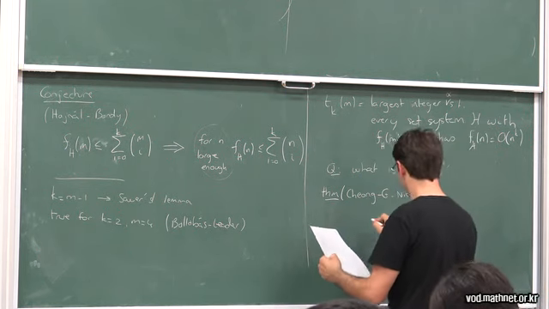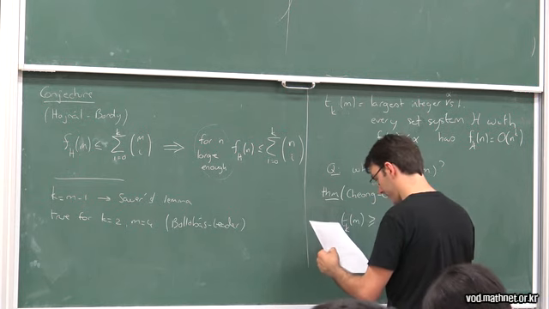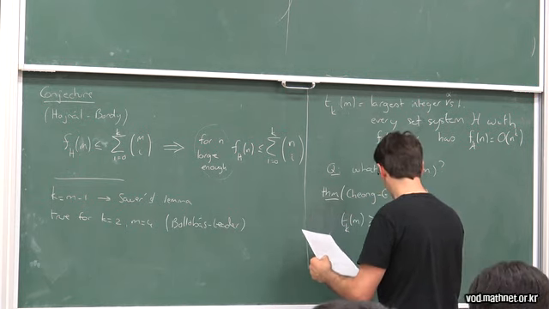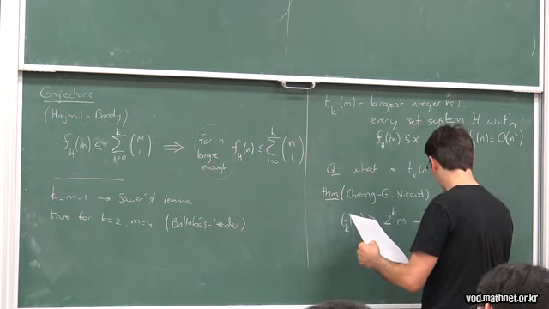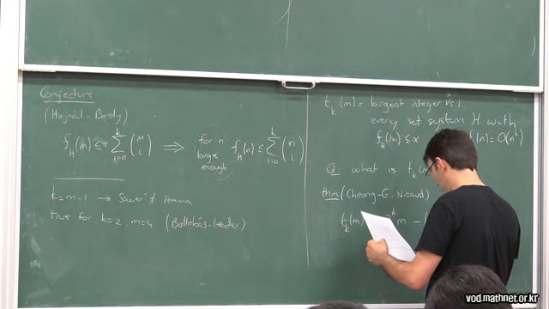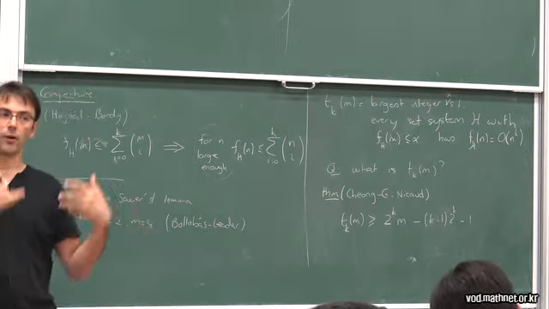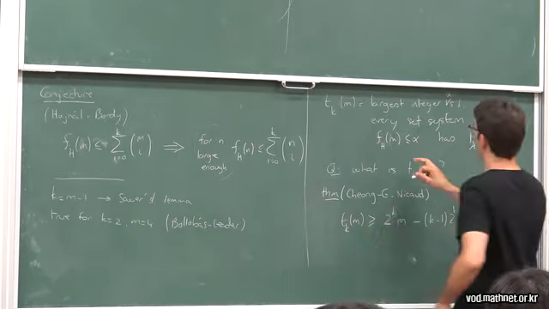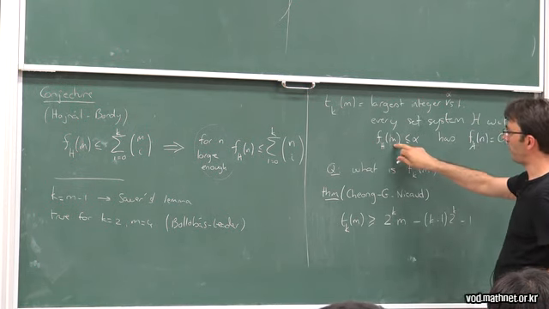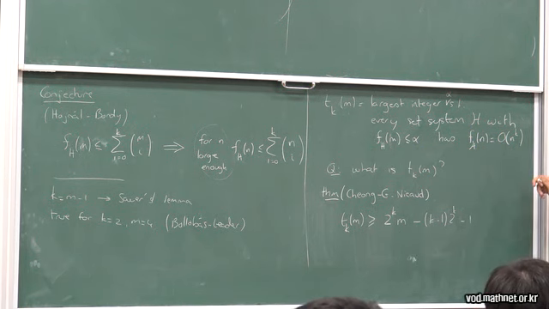Don't laugh. t_k of m is at least 2 to the k times m minus k minus 1, 2 to the k minus 1. Okay. So this is a lower bound. What it means is every set system where f of m is at most this has a growth of order at most n to the k. Okay?